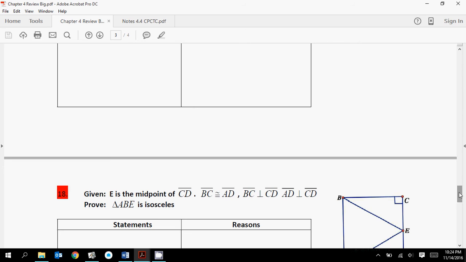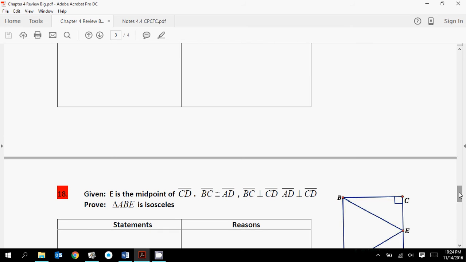The key with the proofs, anything you mark on the diagram, you gotta list in your proof, and vice versa. So if I give you a proof that's partially filled in, and it has like two angles congruent as part of that proof, you better have those things marked on your diagram.